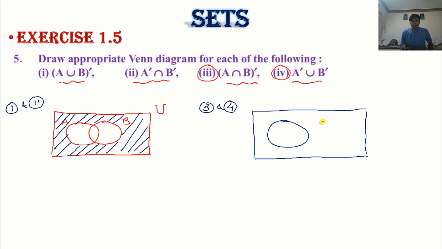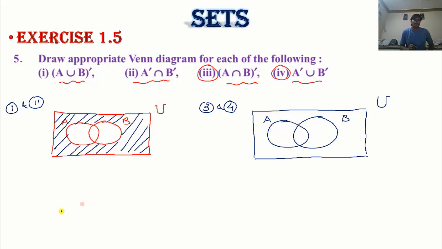Suppose this is A, this is your set B, and this is your universal set U. A intersection B is this intersecting portion. So (A intersection B)' means everything except A intersection B.